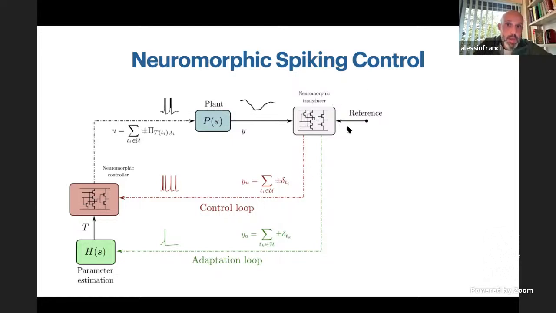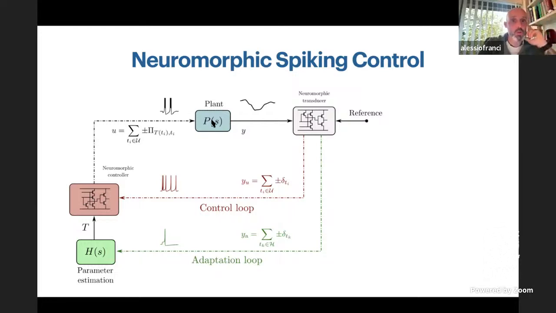neuromorphic control systems, where essentially the idea is that instead of having either analog or digital signals that travel in the wires or in the information channels, which can be an actual wire, a Wi-Fi, an Ethernet, whatever you need to communicate between the plant you try to control and the controller that tries to make the plant do something.